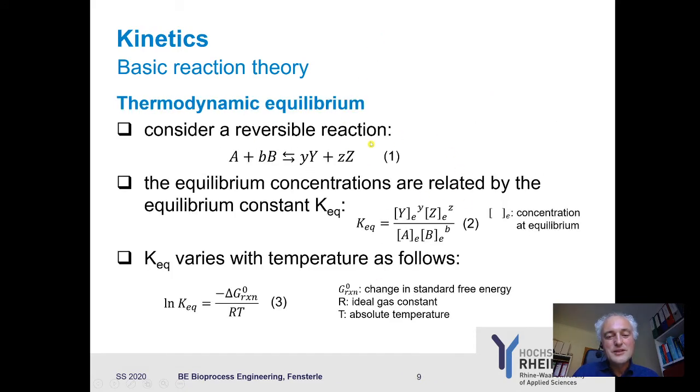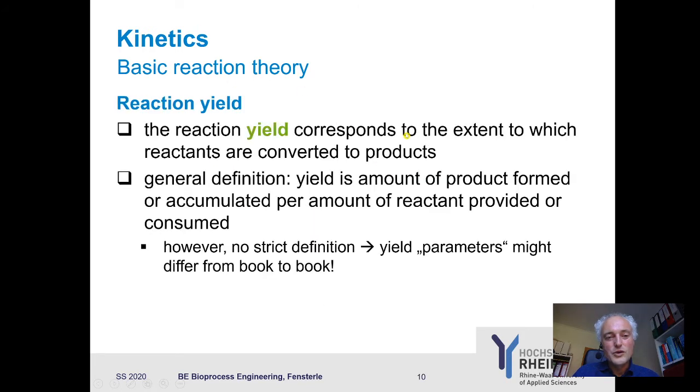However, setting up such an equation in general in biological systems is more difficult. Now, the reaction yield corresponds to the extent to which reactants are converted to products. That's logical. So there is a general definition, and we will talk about yield coefficients more precisely later.